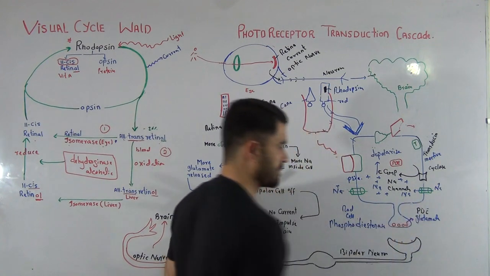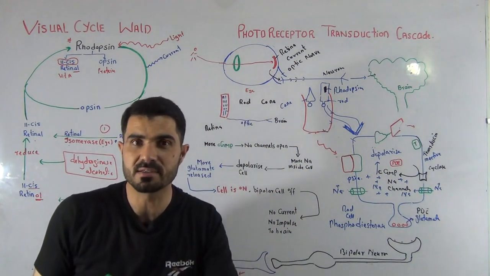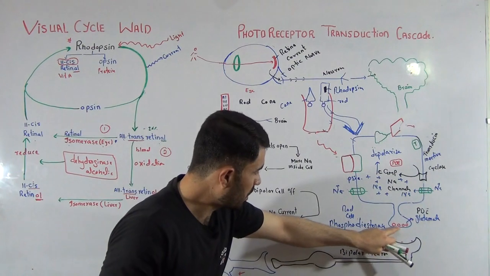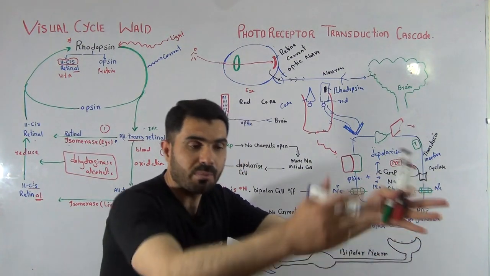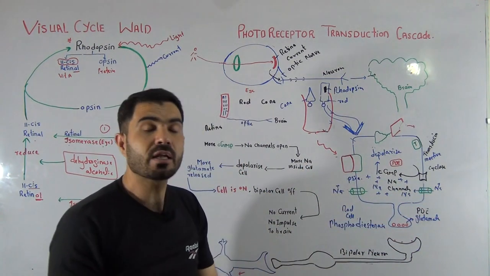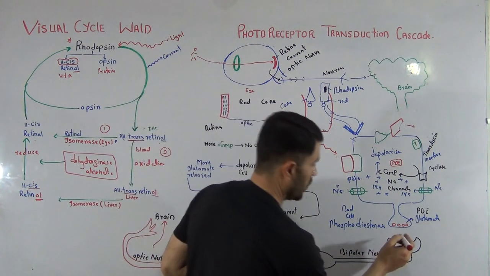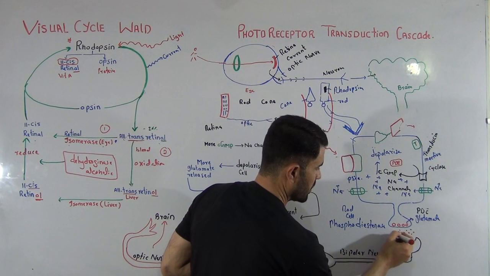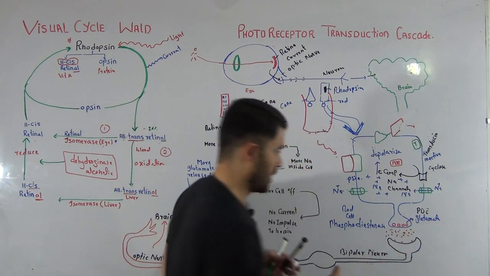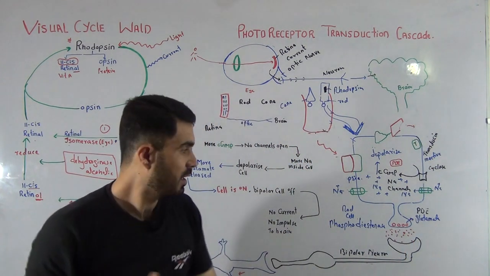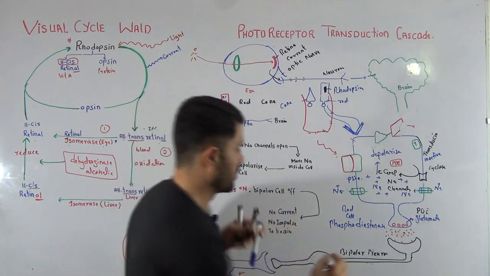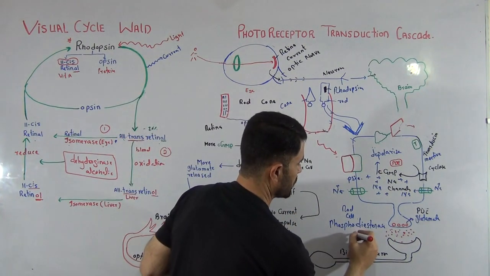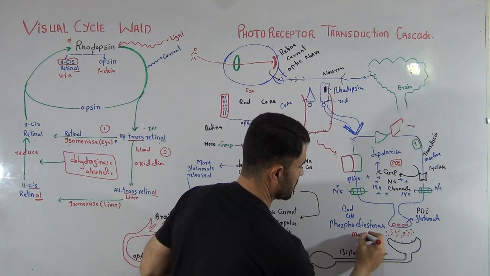We have glutamic acid, like an amino acid. So these glutamates will be released in a very large amount. Large number of glutamate is there.